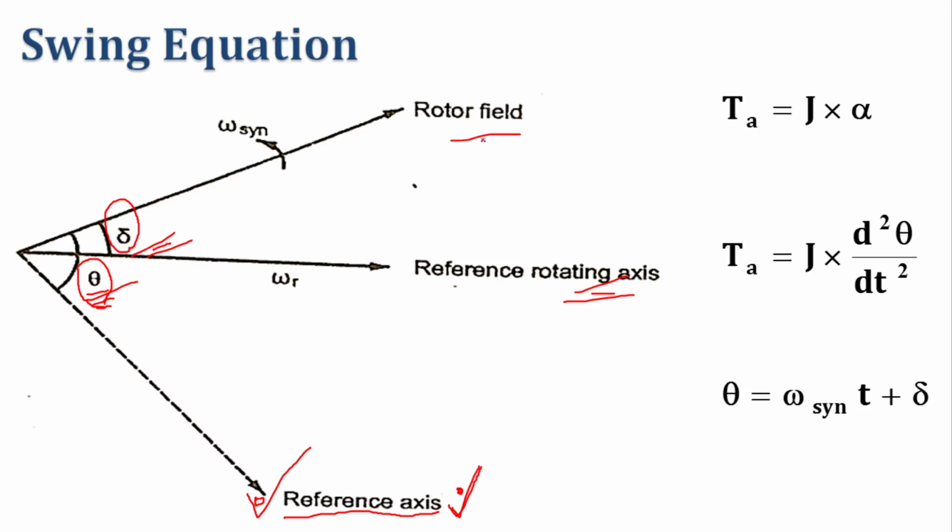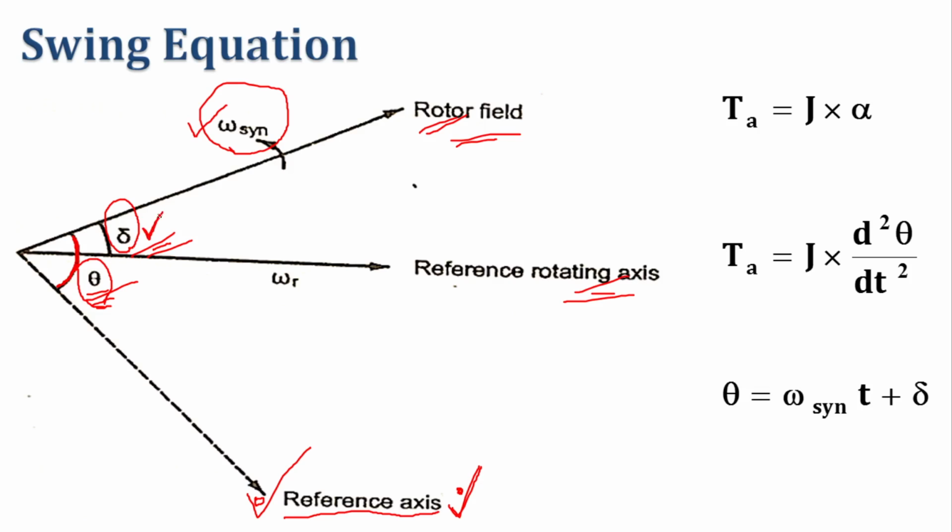Now let's define the third parameter, and that is the rotor field. We know that the rotor field will rotate at synchronous speed. Clear? Now we have to define this angle theta in terms of omega synchronous and delta.